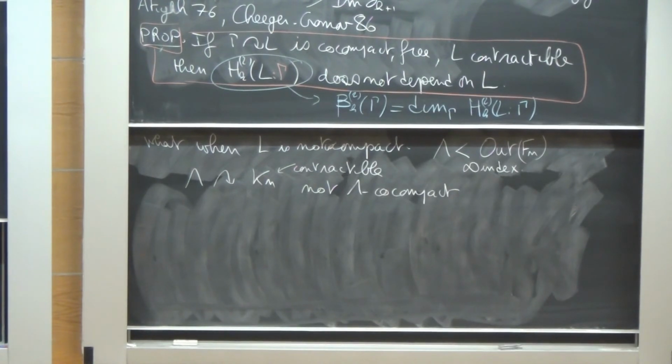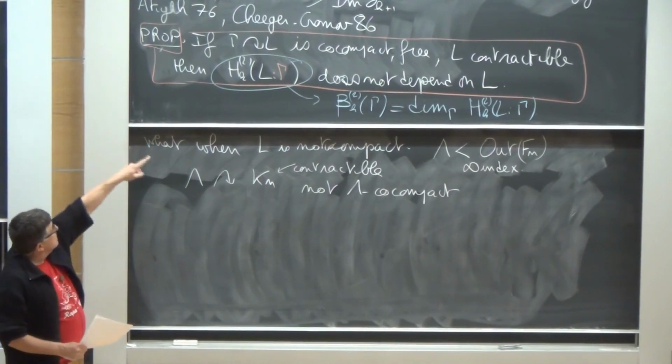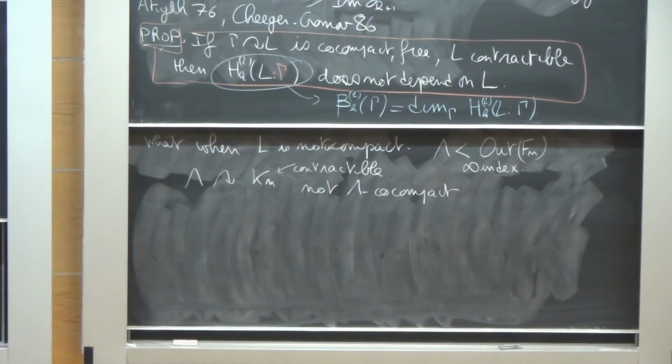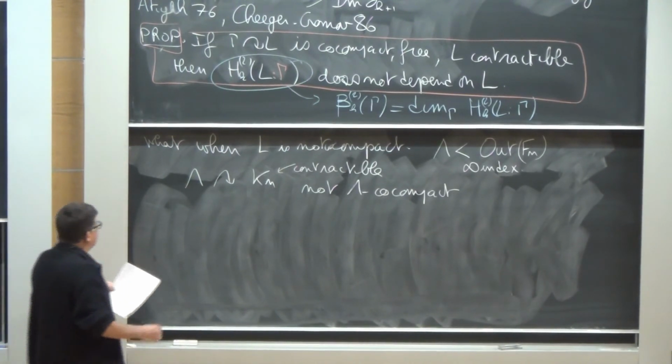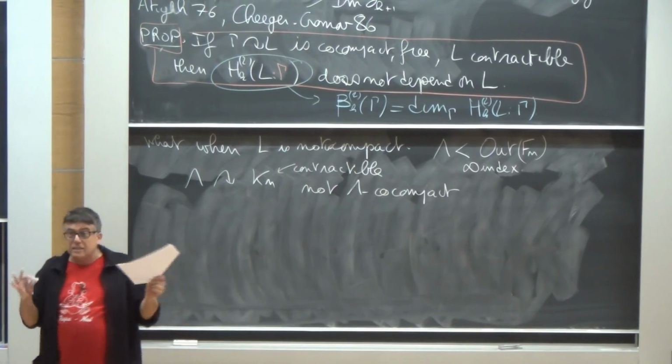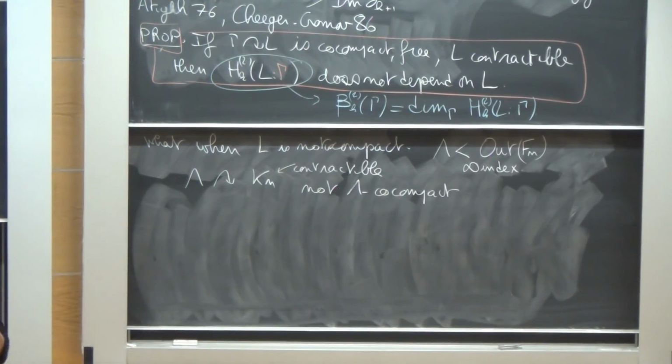But there is something which does not depend on it, which was considered by Cheeger and Gromov. So it is the following: you have your group acting on L. It is not co-compact, but it is free.